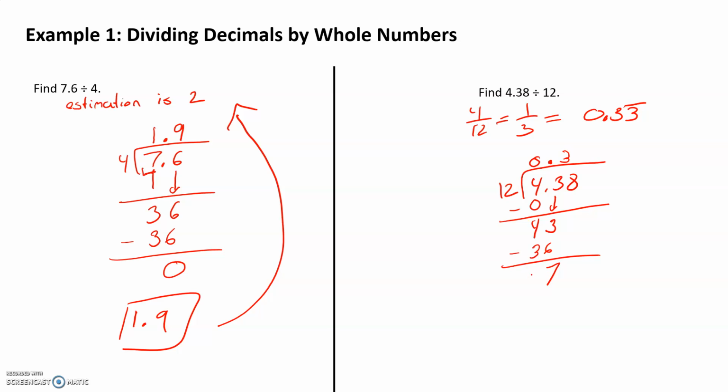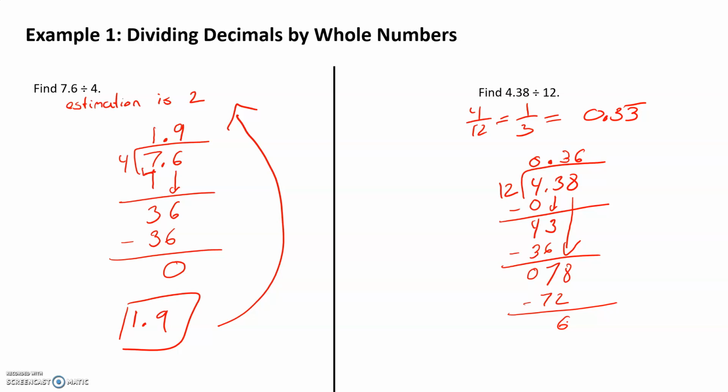All right, so drop down the 8, and 12 goes into 78 6 times? 6 times 12, 60, 72.